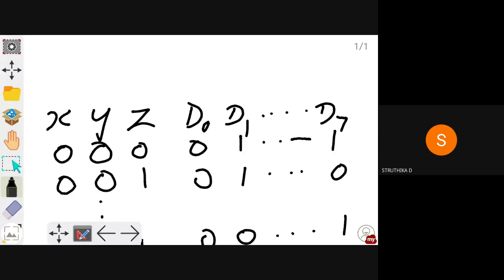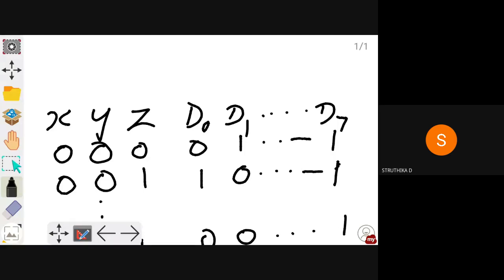So for 0, 0, 1, D0 will be 1, D1 will be 0 and the rest will be 1. So that particular minterm, that is output D1, will be 0.